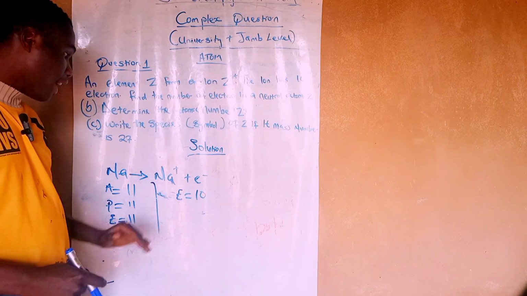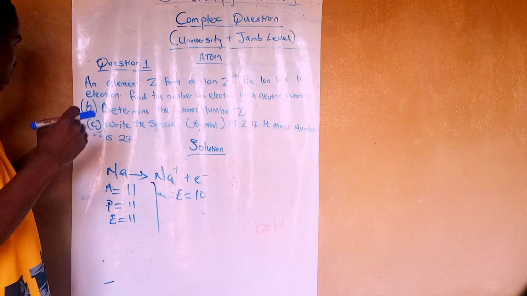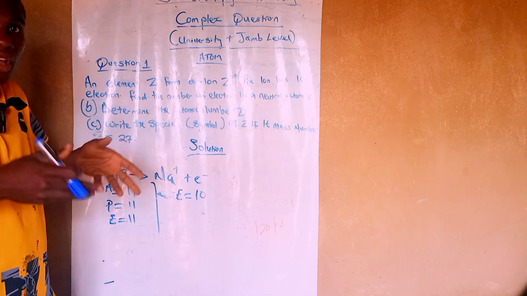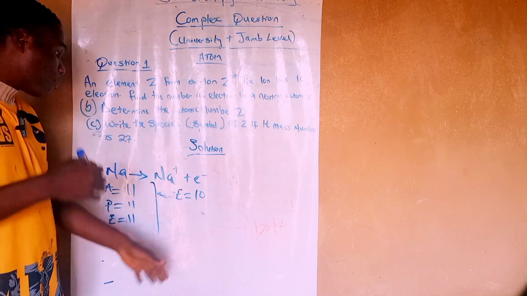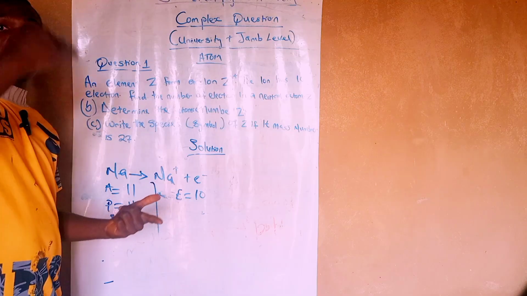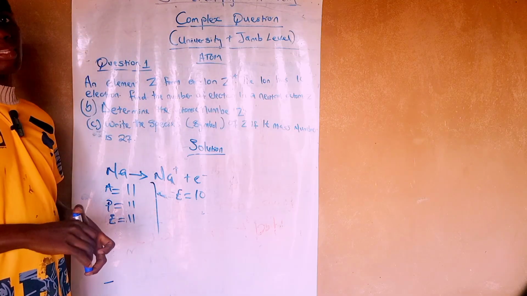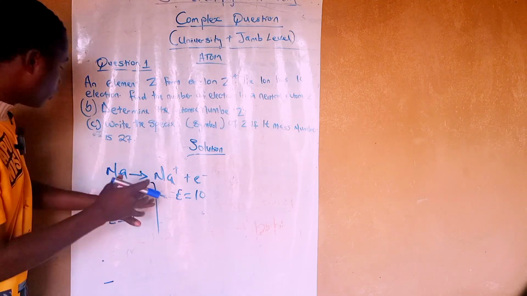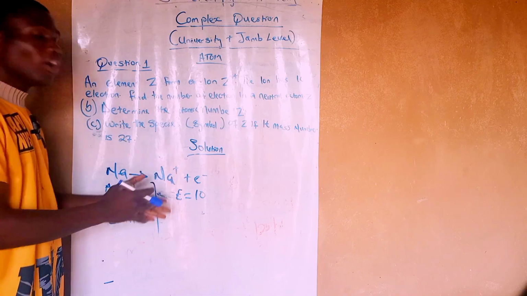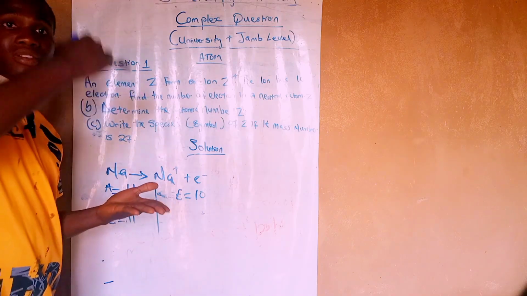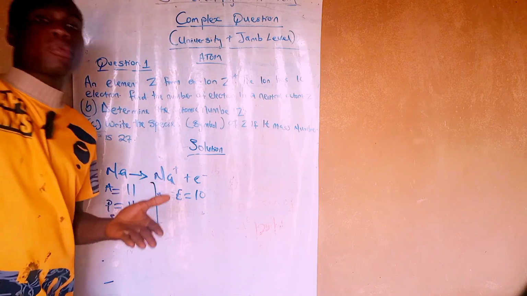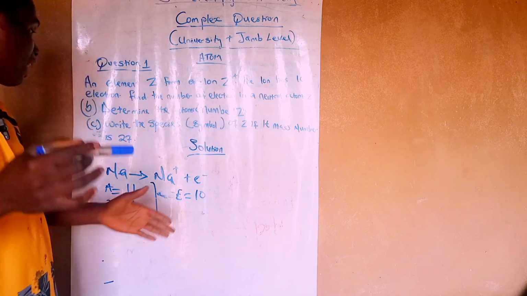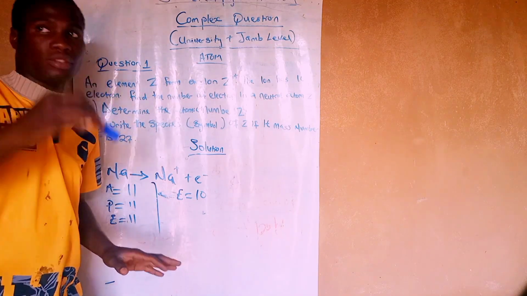But the number of protons here will still remain as 11. The concept is that when an atom becomes an ion like this, the number of protons is always greater than the number of electrons.